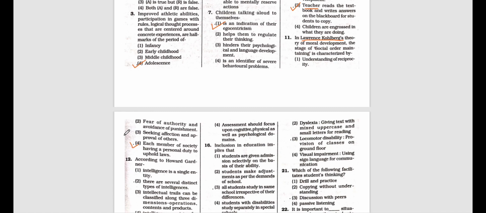Remember that this word dilemma was used by Kohlberg. He used moral dilemma stories that present conflicting ideas about two moral values to teach 10 to 16-year-old boys about personal duty to follow laws, moralities, and values. So this is what is true according to Kohlberg. Now let's go to question number 12.